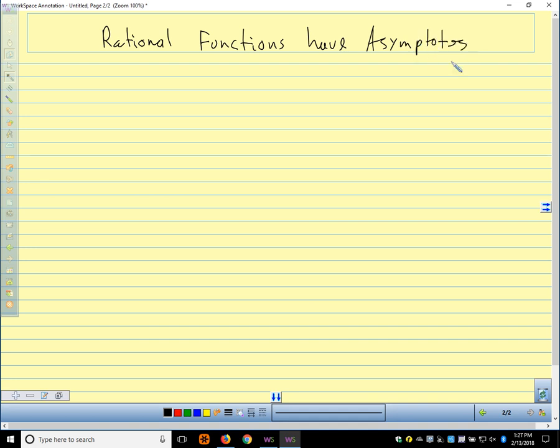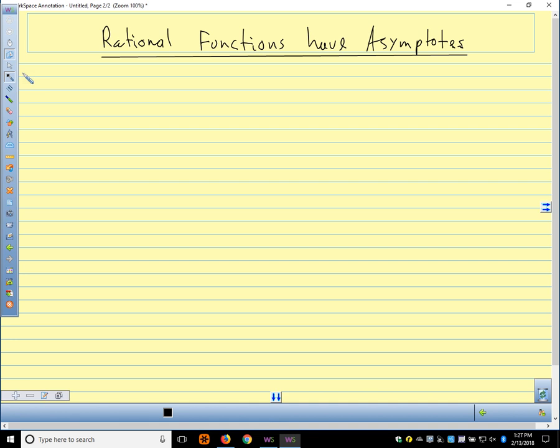One type of asymptote comes from the zeros of the denominator. We'll talk about details with the asymptotes in a second. There are multiple kinds of asymptotes.